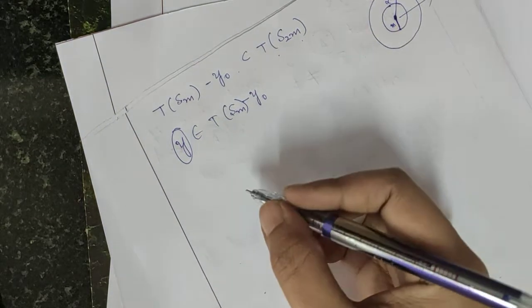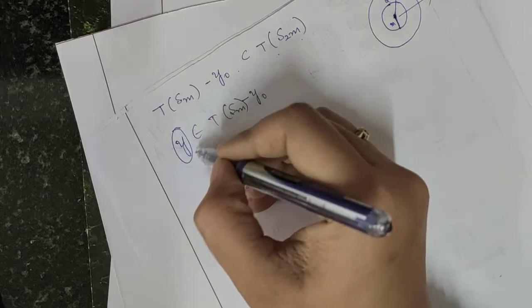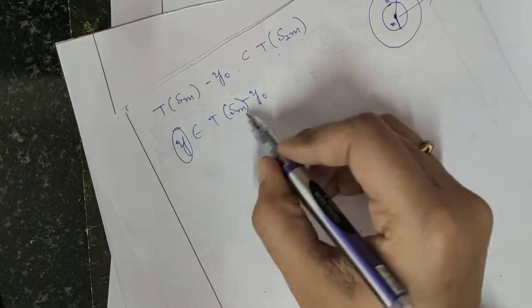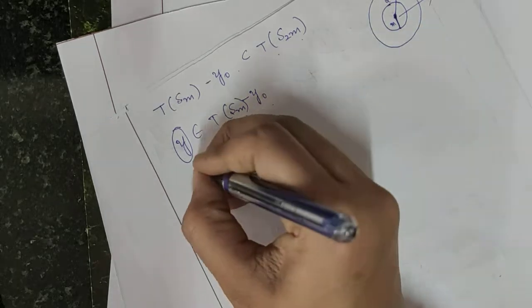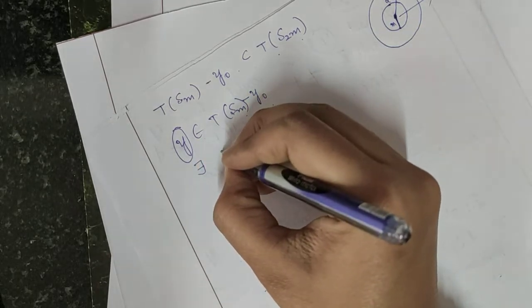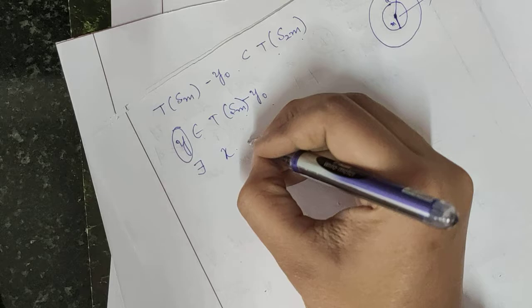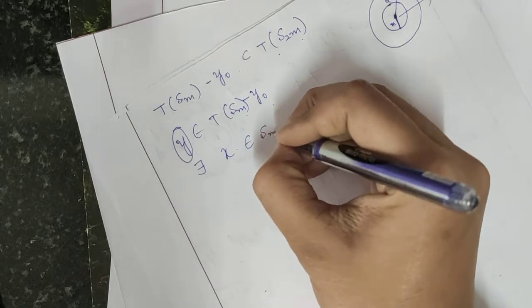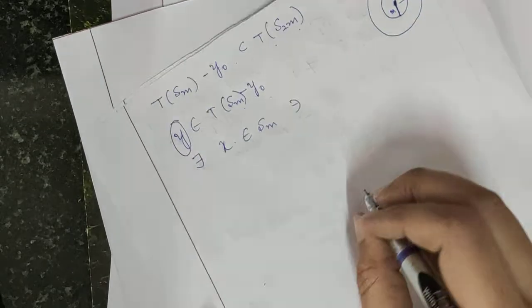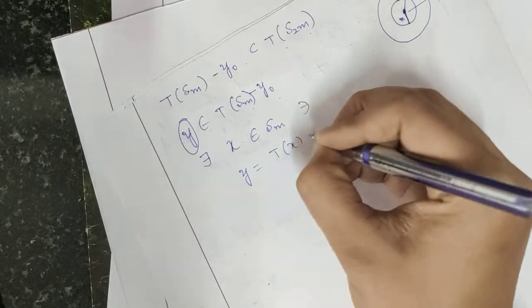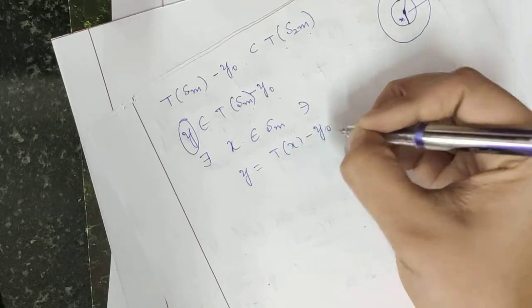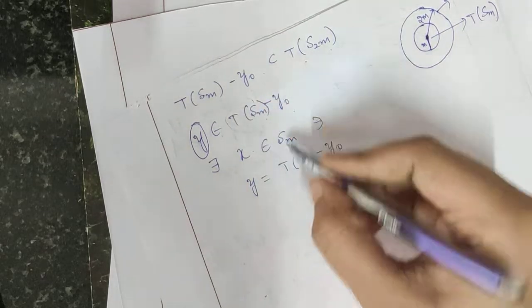So let us consider this is some arbitrary point. So we write y belongs to T of Sm minus y0 be some arbitrary point. Then there exists some other point, say x, belonging to Sm such that y is equal to T of x minus y0. I am just writing the whole thing in this way.